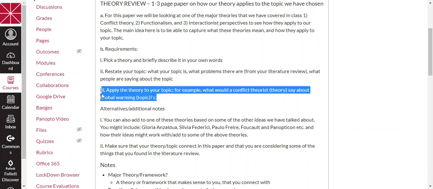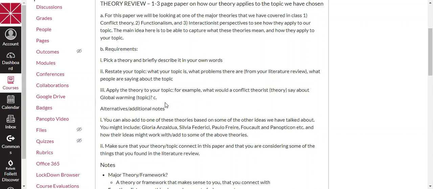And this would be going to the third part, applying your theory to the topic. For instance, what would a conflict theorist say about global warming as the topic? You could actually directly state that: I'm going to be using conflict theory to discuss global warming.